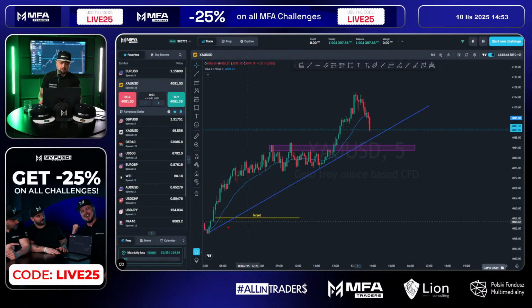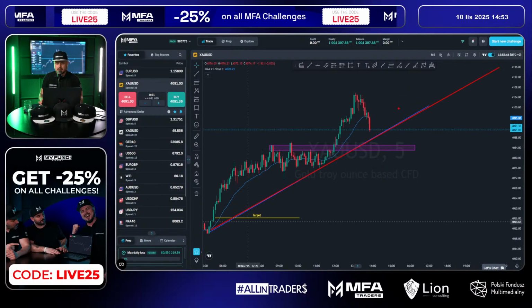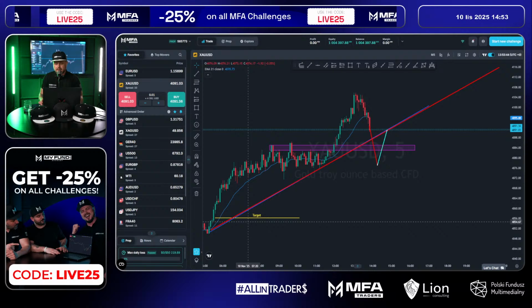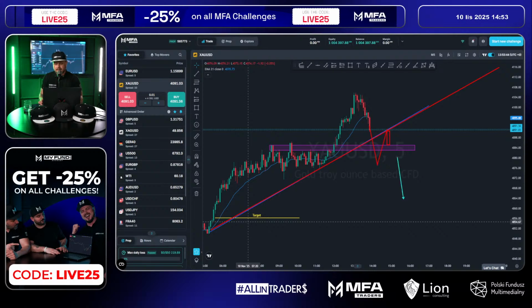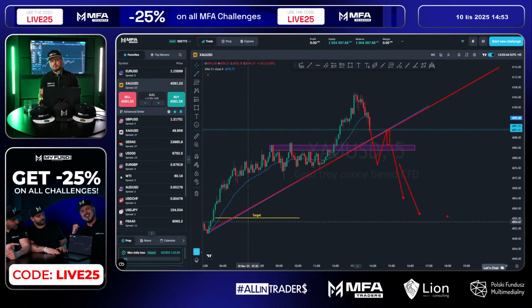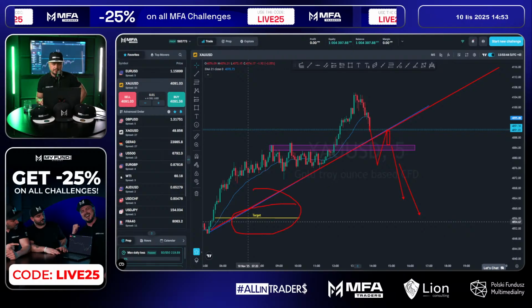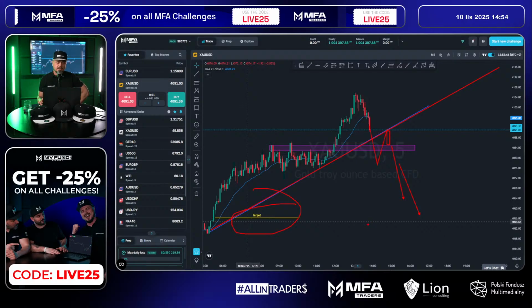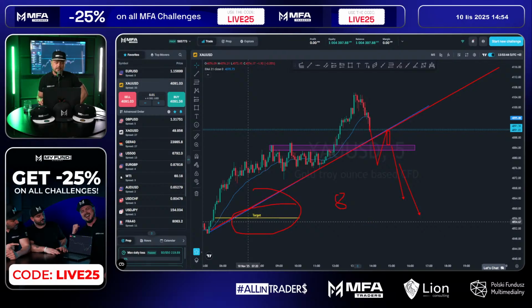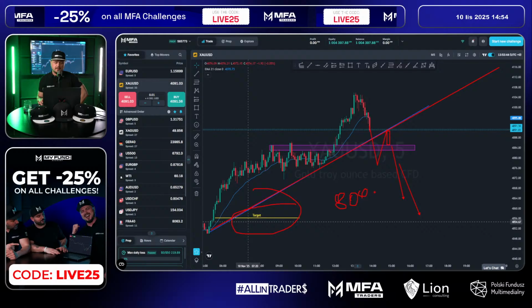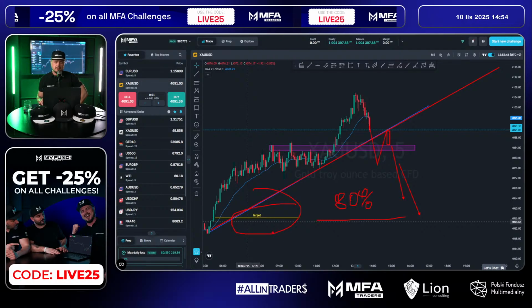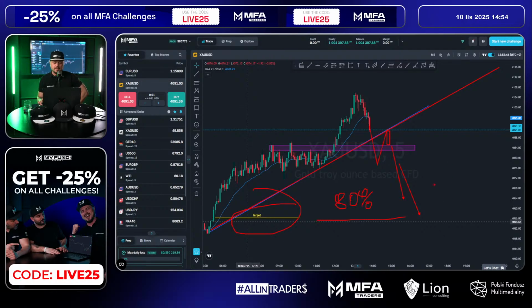But first, I want to see the price breaking through this trend line. Maybe then retest, and we can use a simple setup using target from all in ASAP strategy. This is daily target with the 80% of chances to get to this target on the same day.